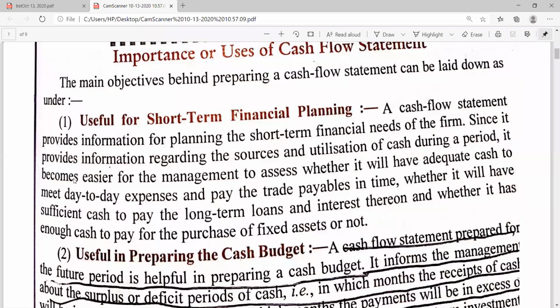It becomes easier for the management to assess whether it will have adequate cash to meet day-to-day expenses and pay trade payables in time, whether there will be sufficient cash to pay the long-term loan and interest thereon, and whether there is enough cash to pay for the purchase of fixed assets or not. So it is helpful to ascertain the short-term financial planning of a business.